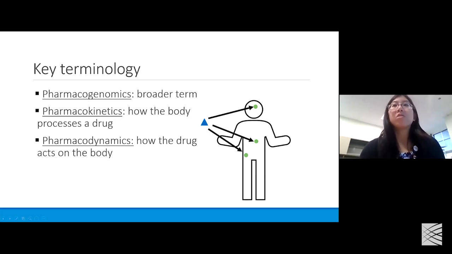Pharmacodynamics refers to how the drug acts on the body, and basically that is related to how well the target cells in the body, the tissues or receptors, are responding to the drug. And both pharmacokinetics and pharmacodynamics are critical considerations in the field of pharmacogenomics.